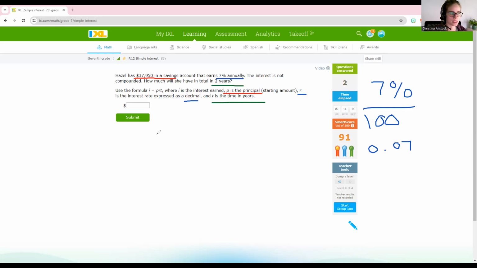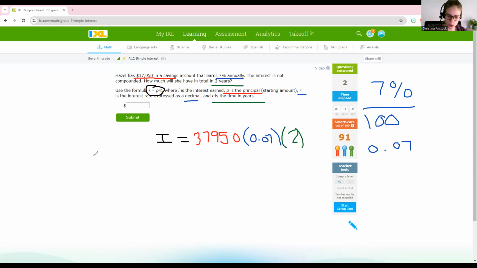If we substitute this into our formula right here, I for interest is equal to our principal times our rate as a decimal times our time in years.